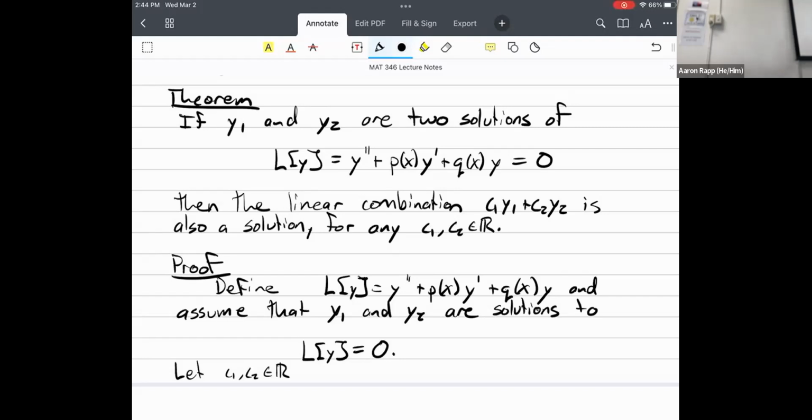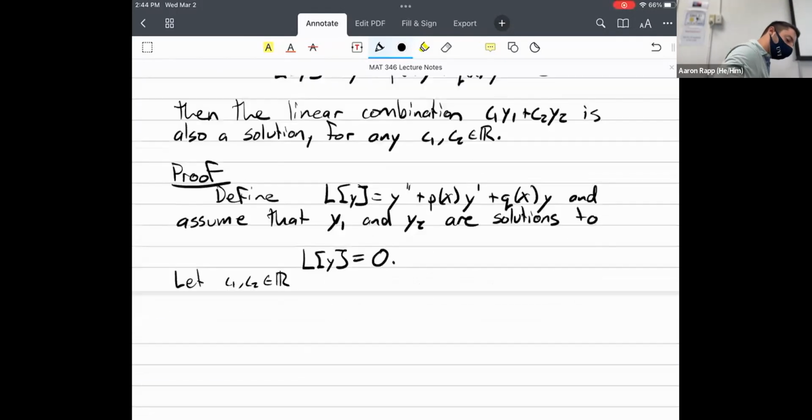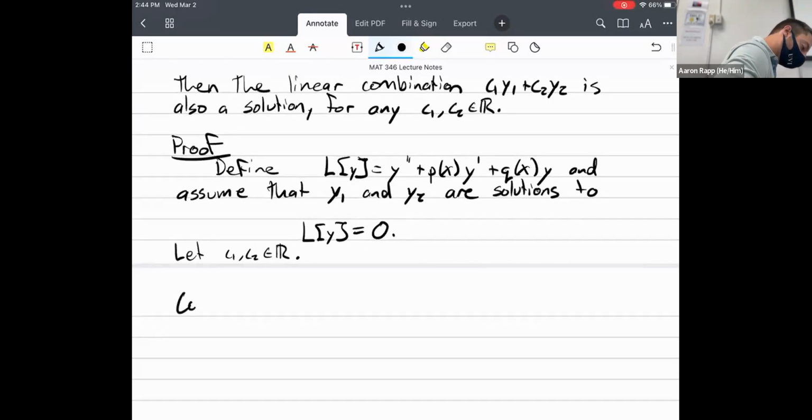So once I set up all of this work here in my proof, my goal is to show that when I plug this linear combination of these two solutions into the same function L, if it is a solution, it should become what? Become 0. Because then this linear combination also satisfies the differential equation.